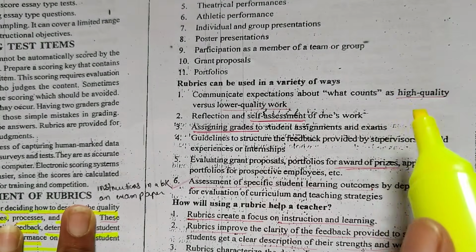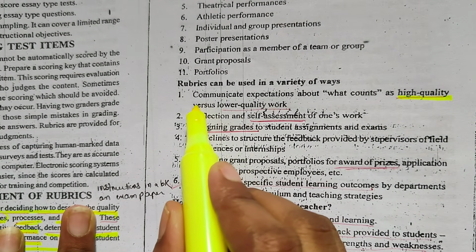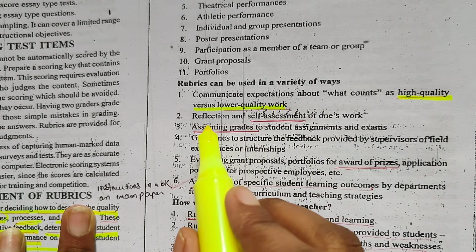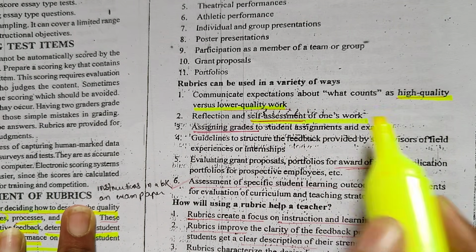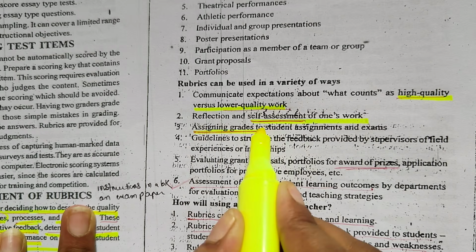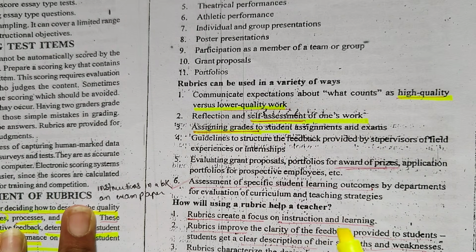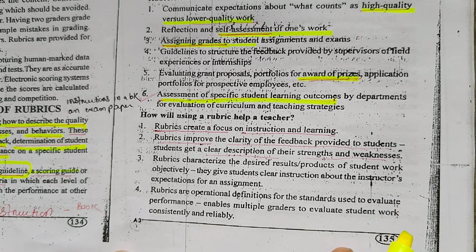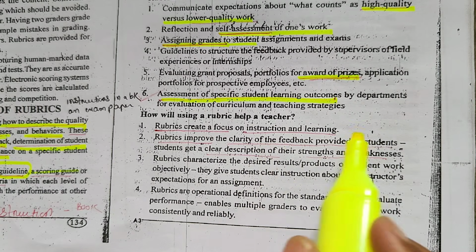See these, you remember this, where you are using rubrics: high quality versus low quality, self assessment of one's work, assigning grades to students, award prizes, assessment of specific student outcomes. Okay, rubrics create a focus on instruction and learning.